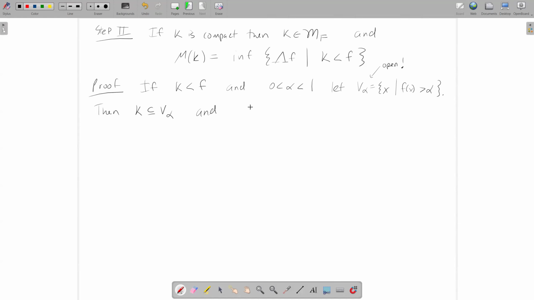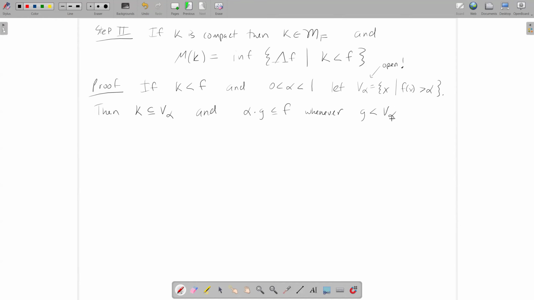And alpha times G is less than or equal to F whenever G is less than V alpha. Okay, so let's try to understand this.